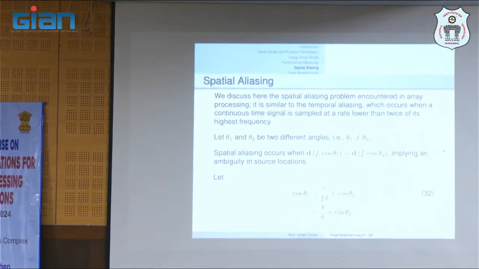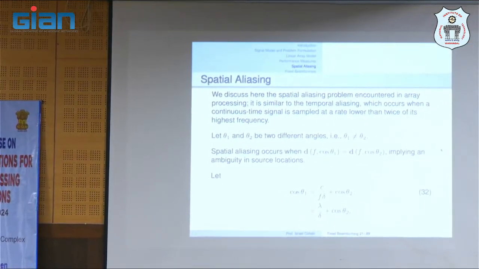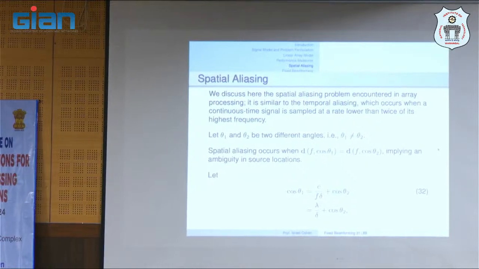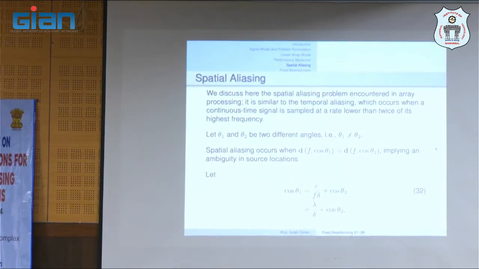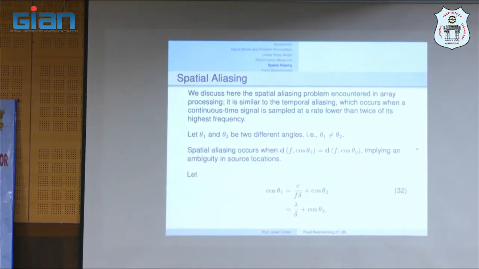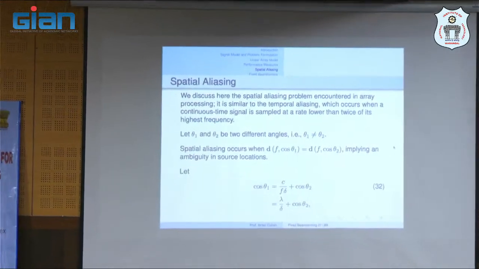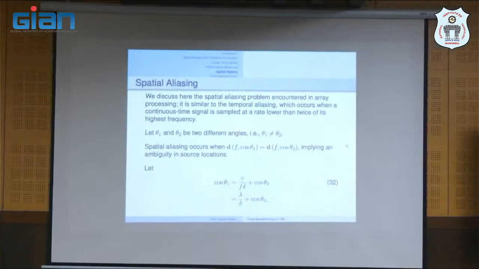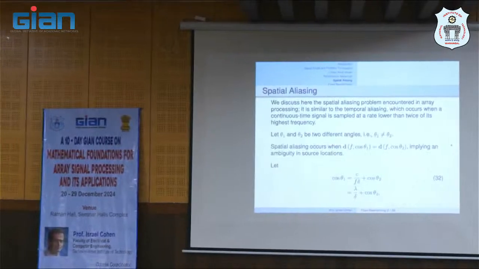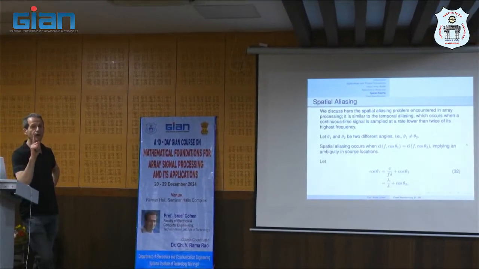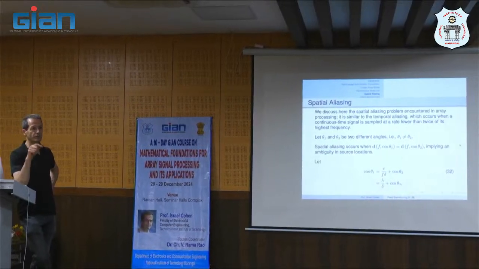We know about temporal aliasing when we talk about sampling a continuous signal. When you sample a continuous signal and you take the samples, the time delay between samples should be small enough, or the sampling frequency should be high enough. It should be at least twice the maximum frequency in the signal.